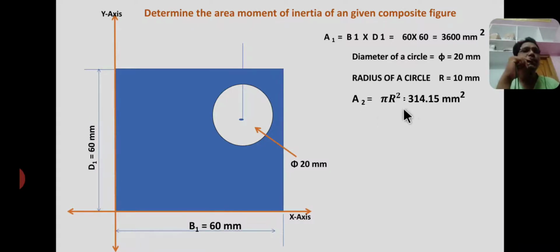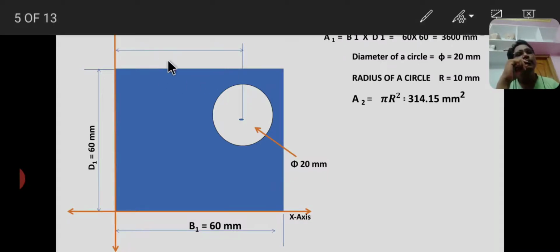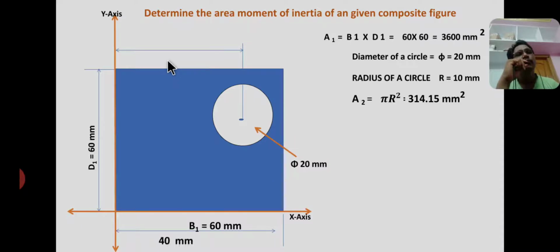So area A2 equals 314.15 mm square. And the center of the circle lies at a distance of 40 mm from the y axis and 20 mm from the top right side corner. So these dimensions are given in the question.